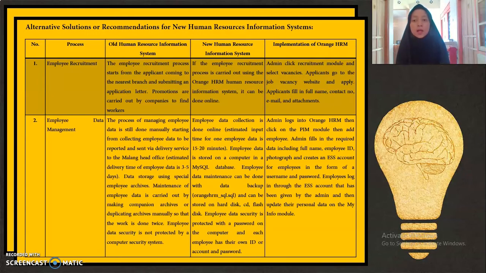Promotions are carried out by the company to find workers. But the new human resource information system explains that if the employee recruitment process is carried out using the Orange HRM human resource information system, it can be done online.